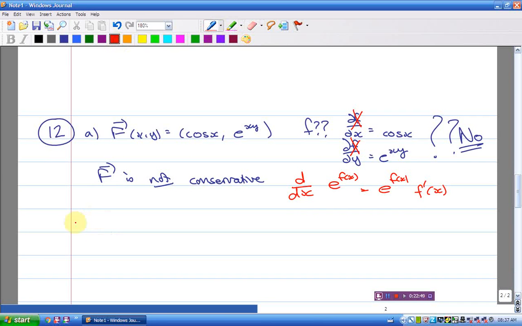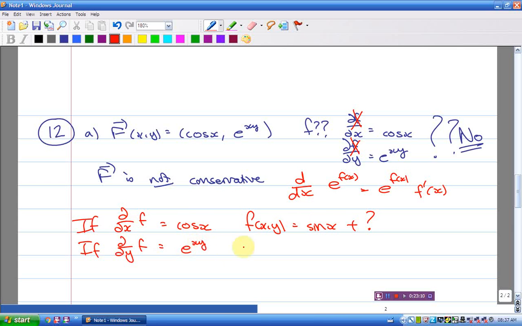Okay, so if the x derivative of little f is cos x, it implies that f of xy must have a sin x term in it plus some mystery function. Okay? If the y derivative of little f is e to the xy, it's going to have an e to the xy in it. Over x, in fact.